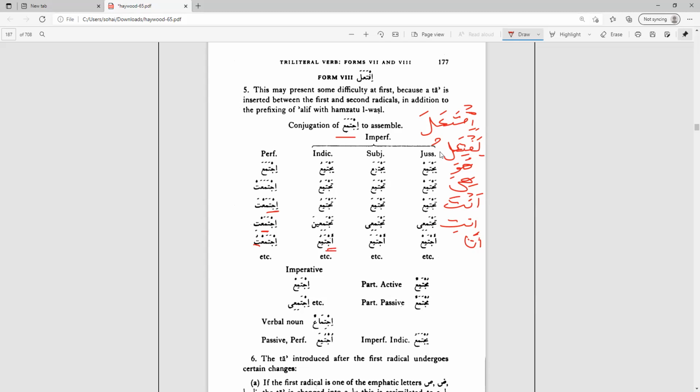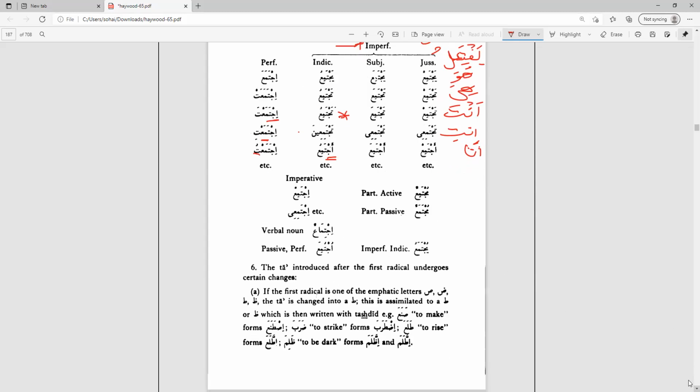When you make it imperfect, the hamza doesn't appear; it disappears. أنا أجتمع, نحن نجتمع, أنت تجتمع. Sir, this is the same hamza which we use with the al, right? Yes, it is called Hamzatul Wasl. Okay, sir. And for the imperative, fi'l amr, it is ijtami'.